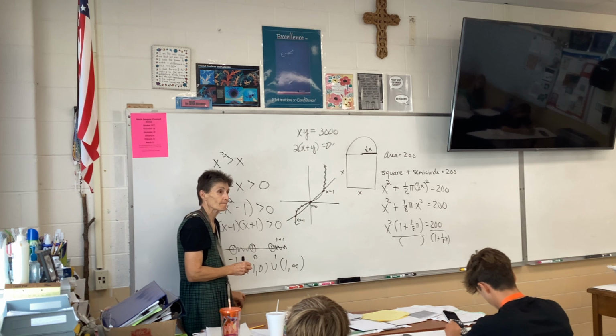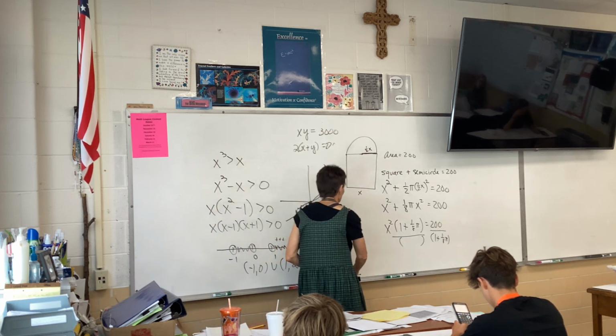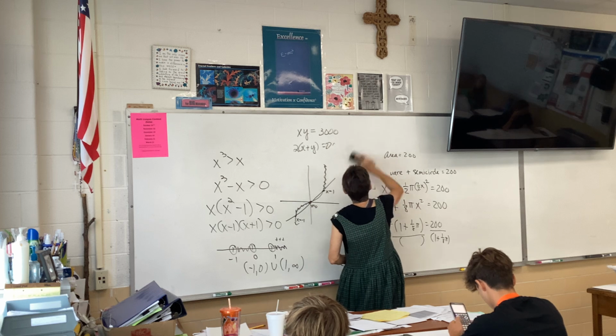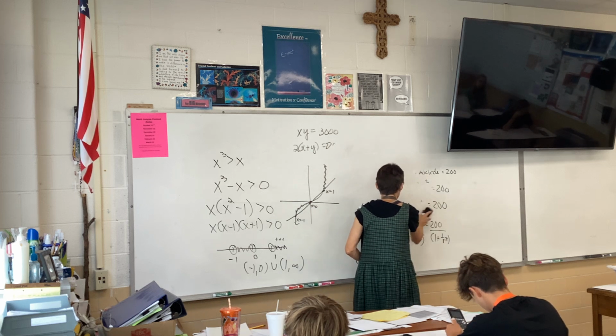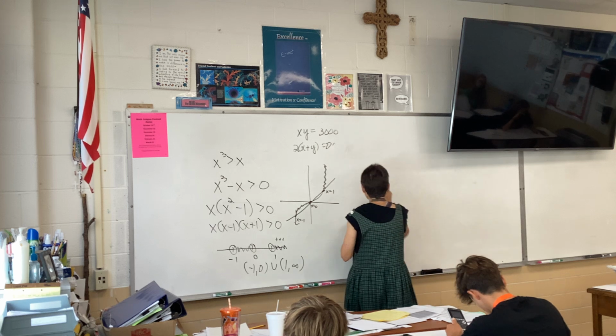Can you do the distance thing for 8B? 8B. First thing I would do is divide by 4. I don't want to have a 4 in there, so I'm going to divide everything by 4.